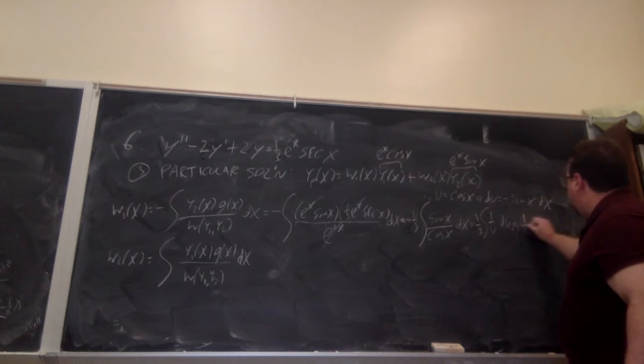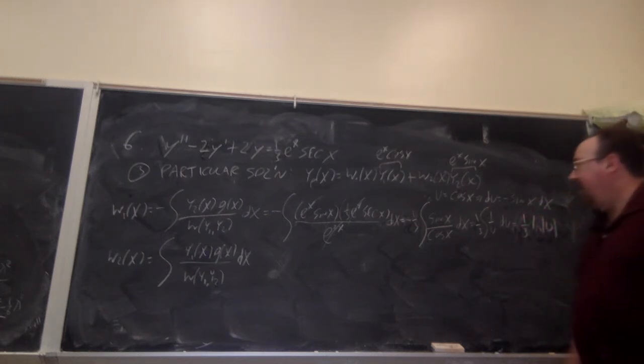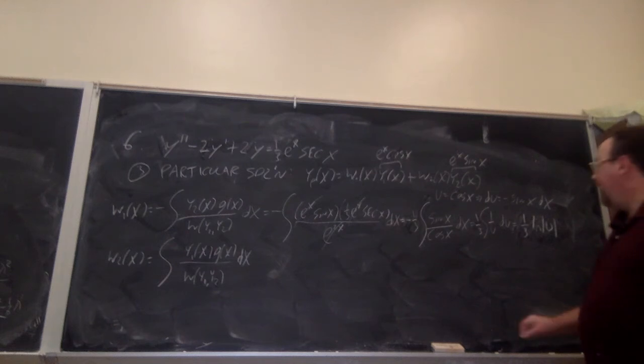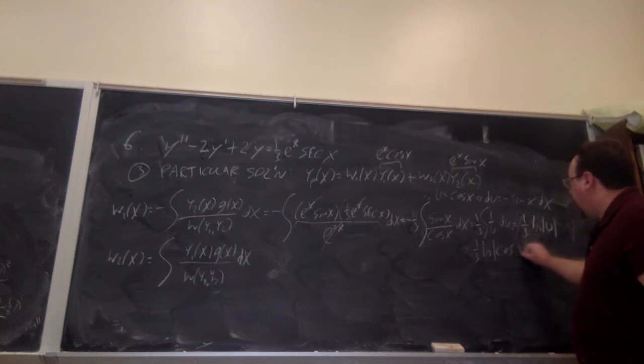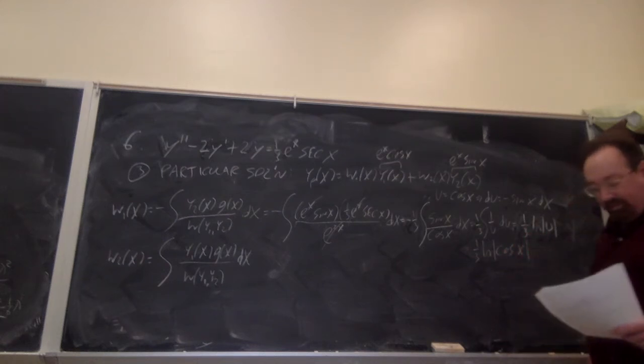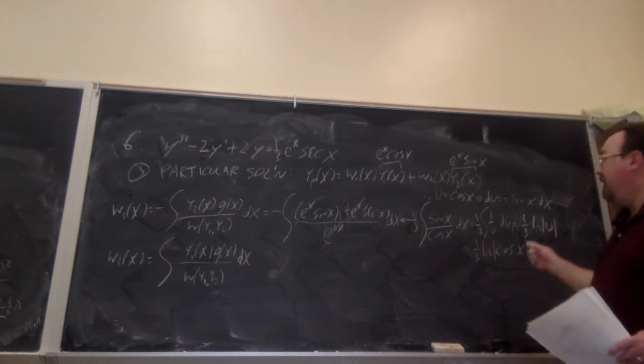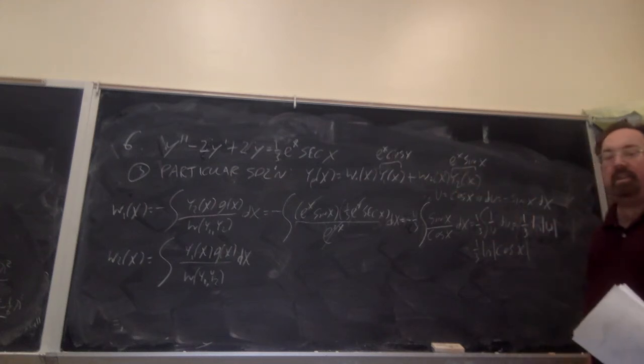Apologies, let me fix all this. 1/3 natural log of the absolute value of u. And now we undo the substitution. So we get 1/3 natural log of the absolute value of cosine x. So that is the w1 that goes into the particular solution.